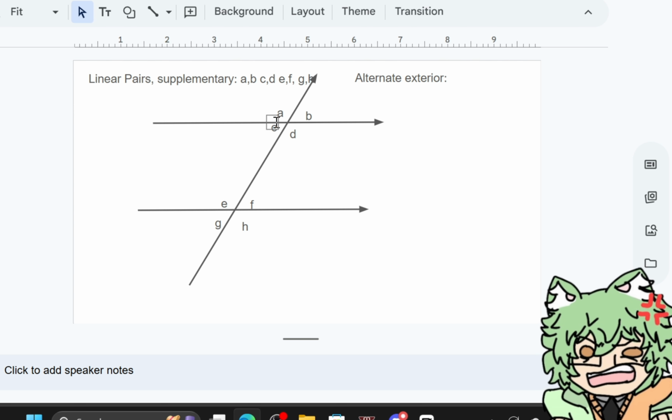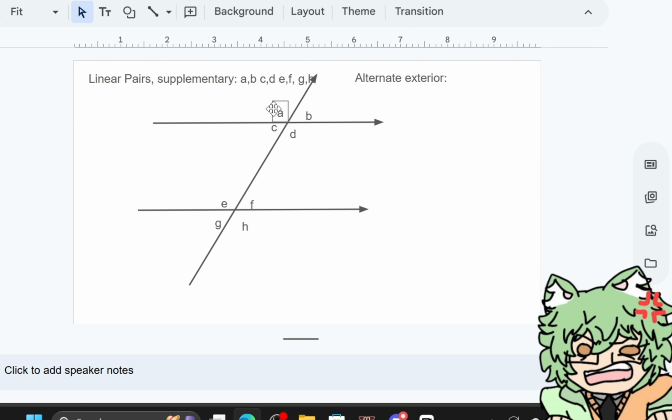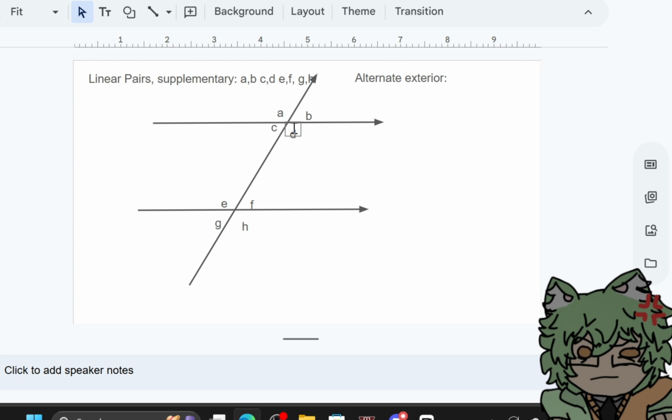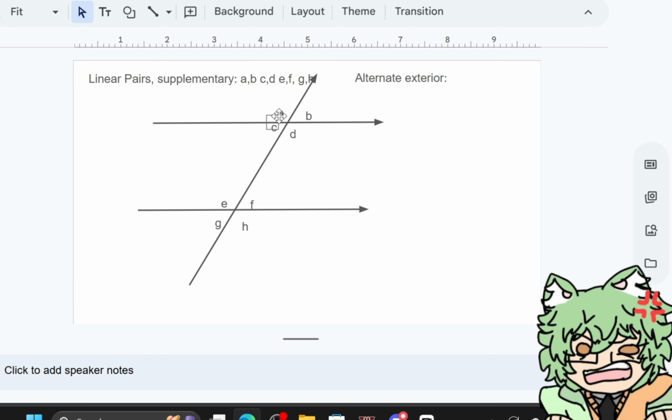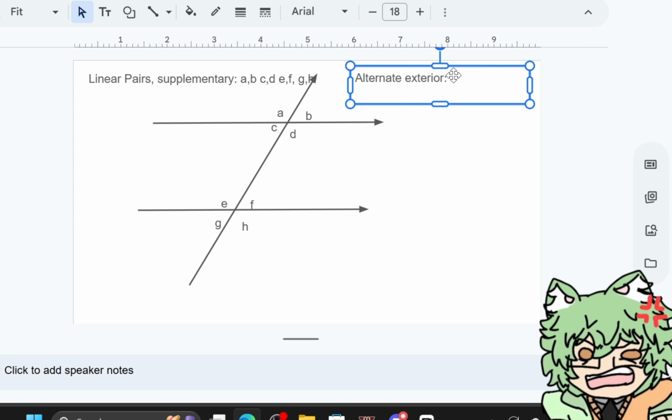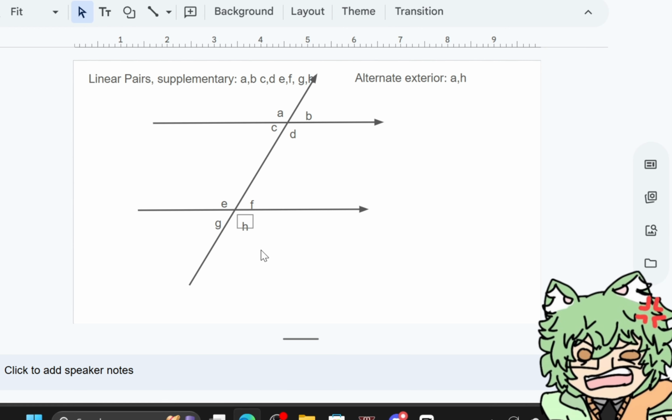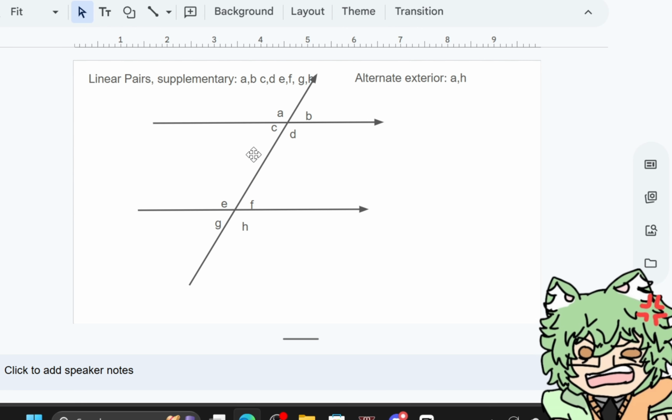So, exterior is the outside, like A and B or G and H. These are exteriors. Alternates. This and these are alternates. This and this are alternating from each other. So A and H would be an alternate exterior. It goes diagonal from each other, and it's on the exterior side.